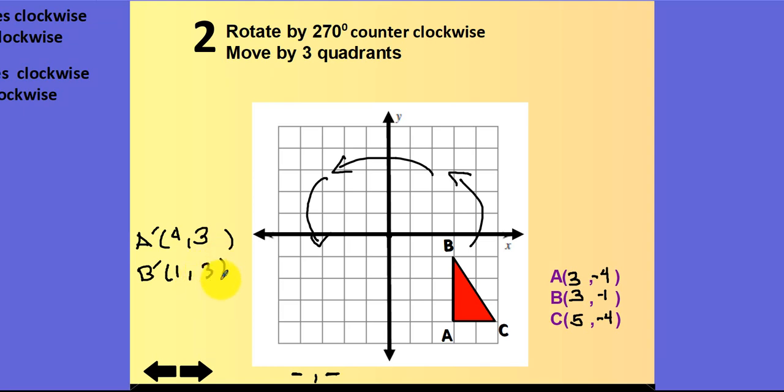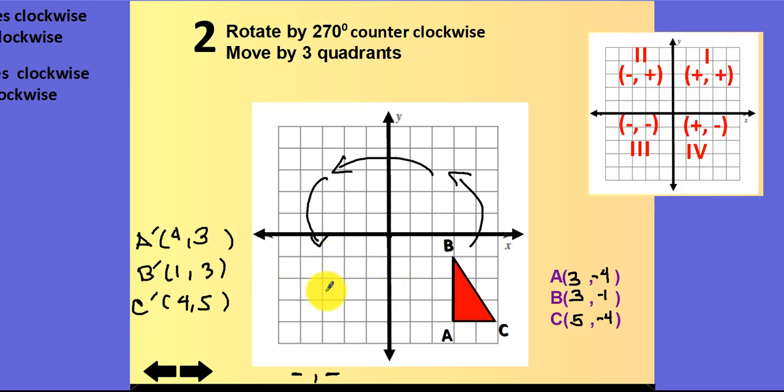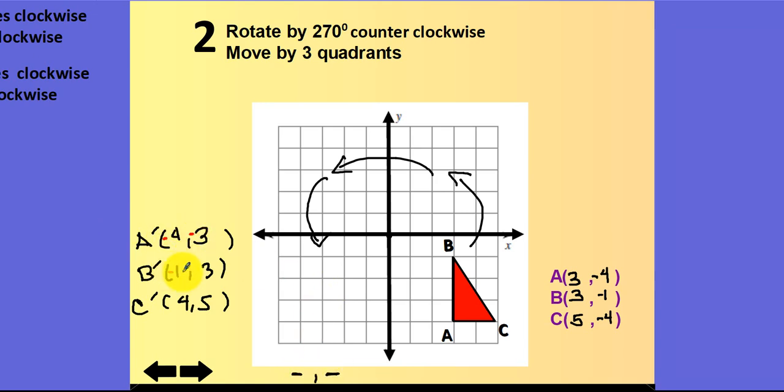My C is 5, 4. It will become 4, 5. Now, since my image will go here, the signs should be negative, negative. So I have to change all of these into negative values. Okay?